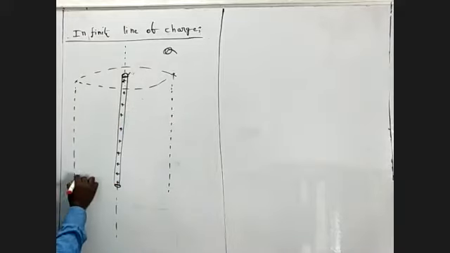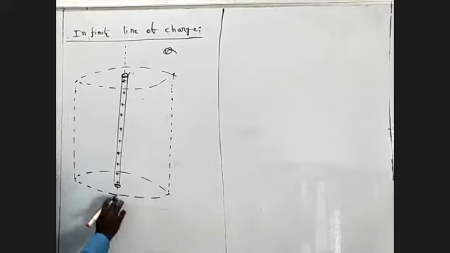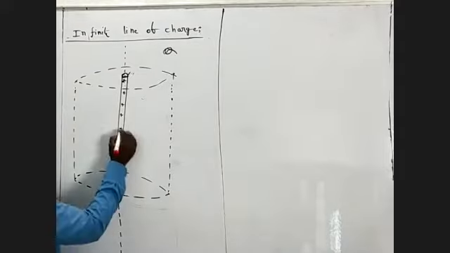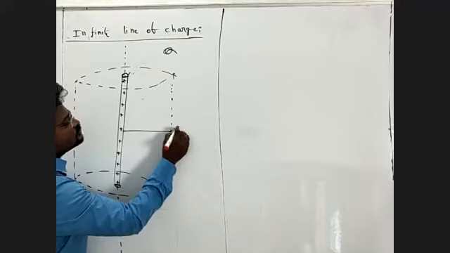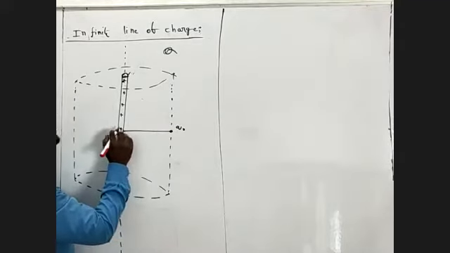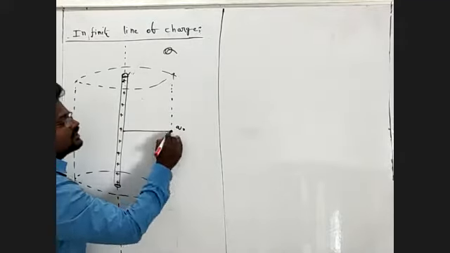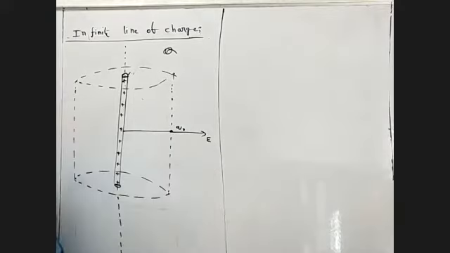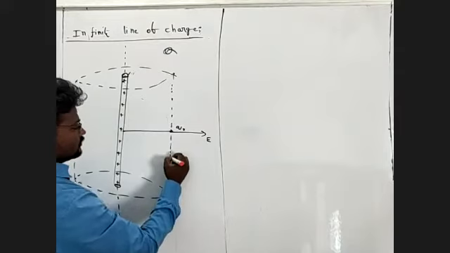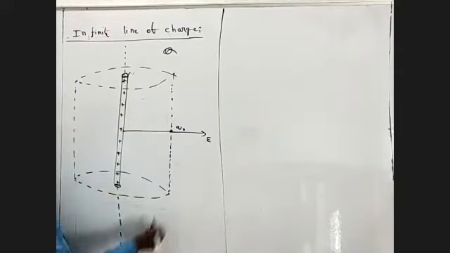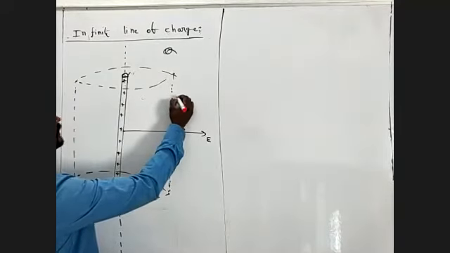This is capital Q, and it will repel this Q naught in this direction. This is the E bar direction.